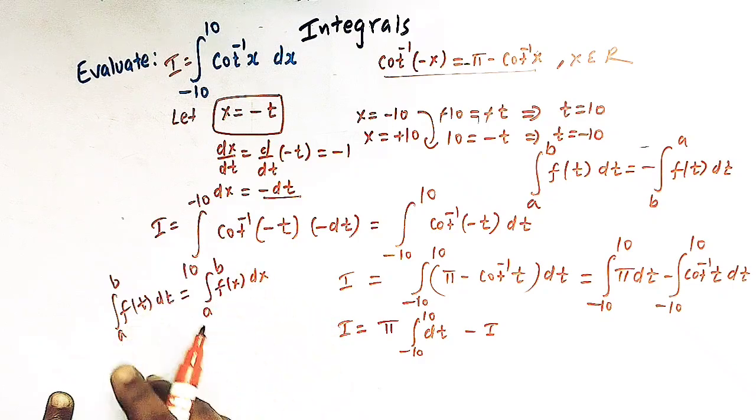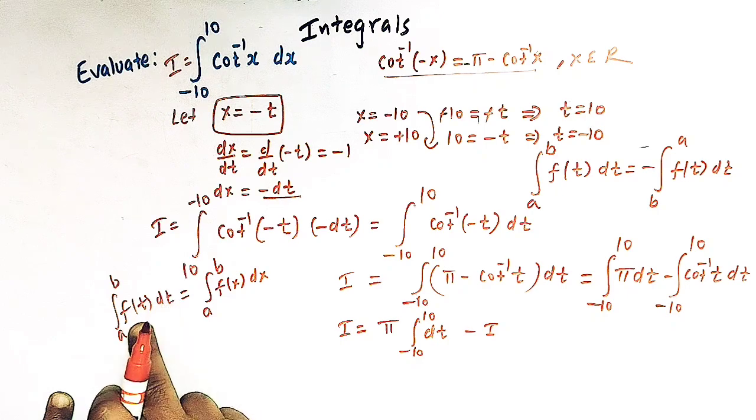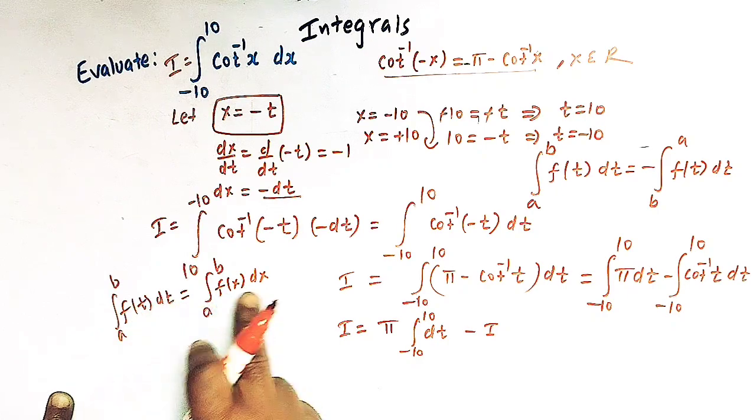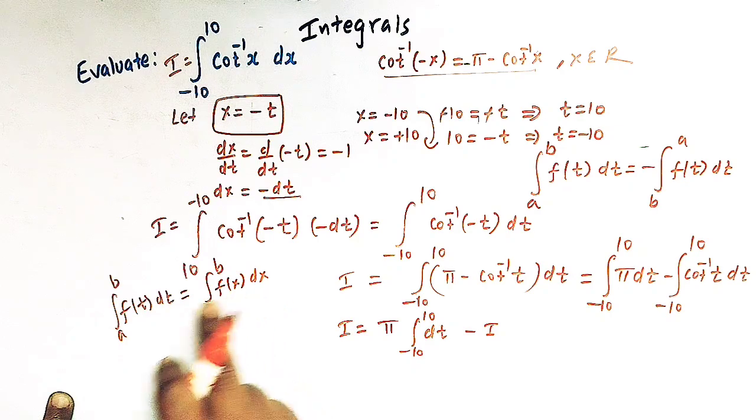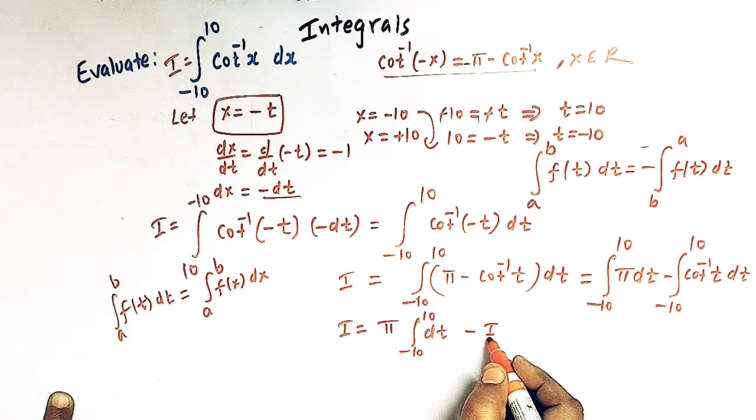So this is the dummy variable property. If we replace the variable t by x, then the value of both the definite integrals remains the same. So here this integral can now be written as I.